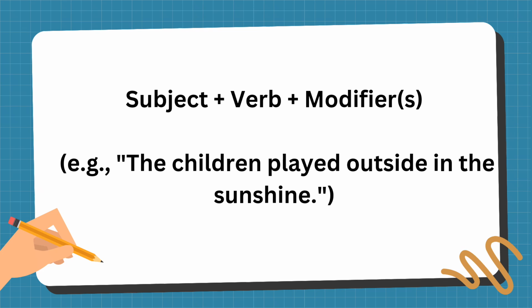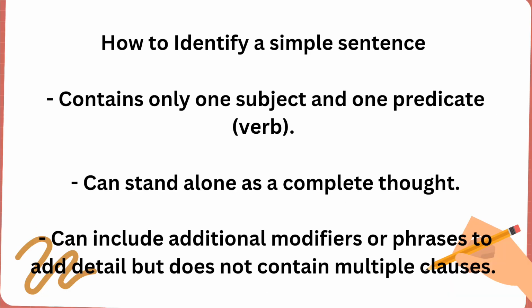So here we have a single thought. The sentence is not giving us more than a single thought. So a simple sentence can come in the form of subject plus verb, and instead of the object, it will have a modifier.